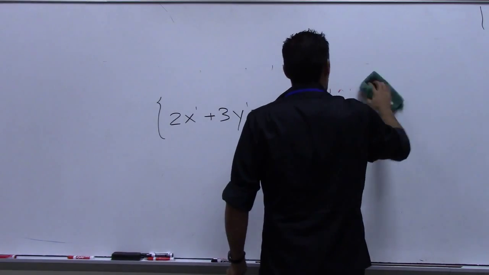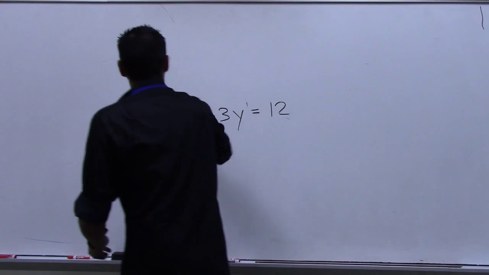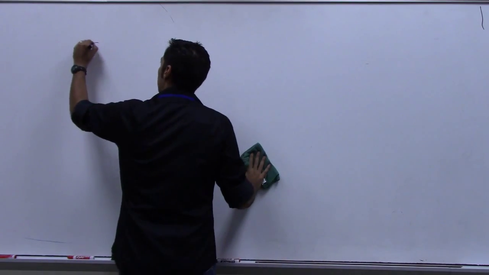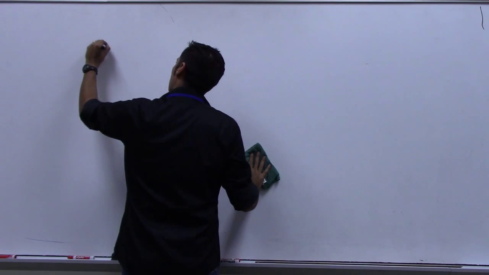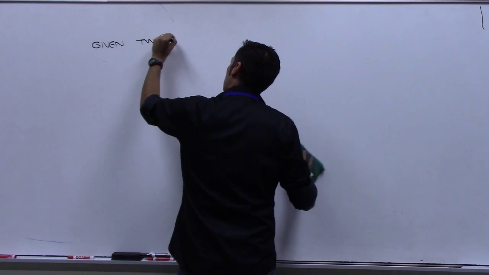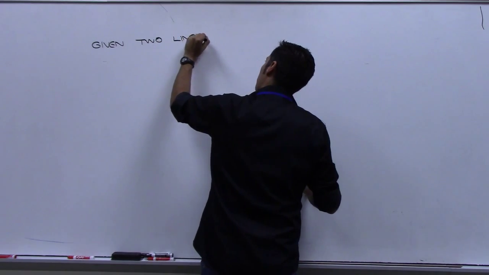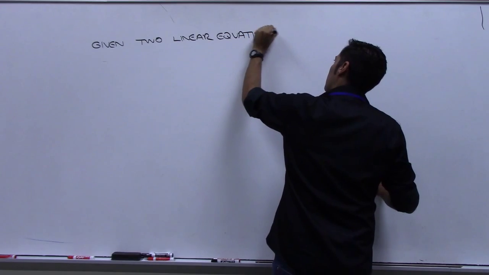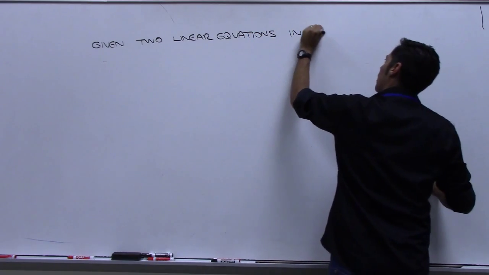So now let's talk about what type of solutions we should get when we're dealing with something like this. Given two linear equations in two variables.